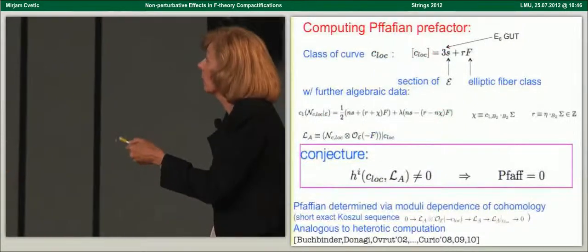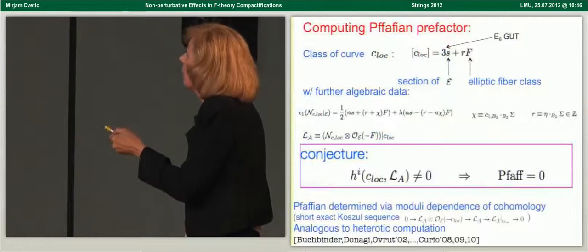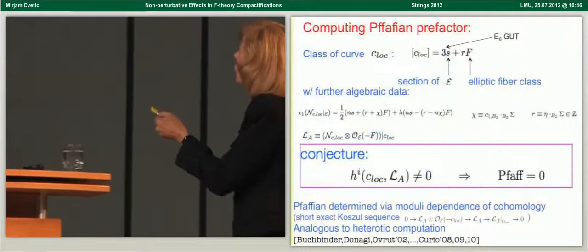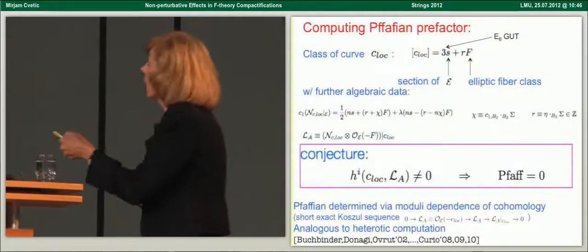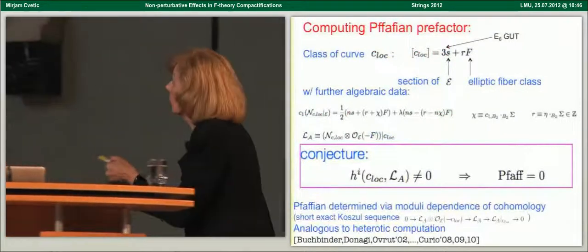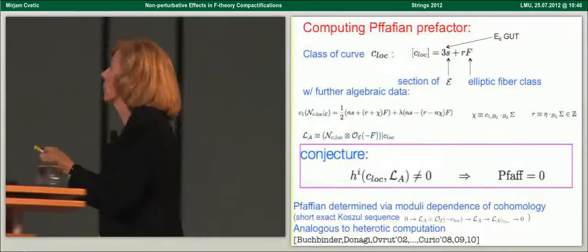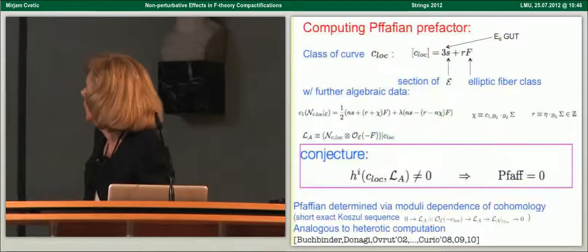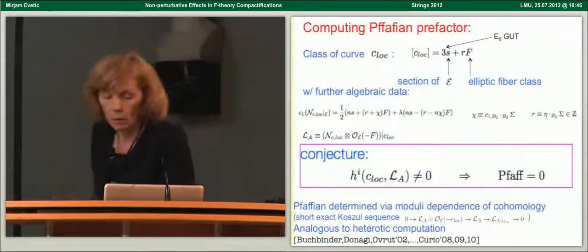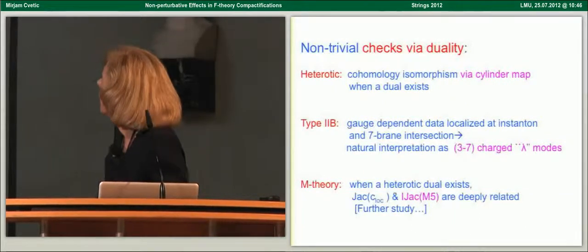We can actually calculate the whole Pfaffian as a function of moduli dependence of a cohomology of these line bundles on the spectral curve. And the calculation is very analogous to the heterotic computation. It involves the exact Koszul sequence, which then translates to cohomology calculations in the long exact sequences and allows us to get the Pfaffian.